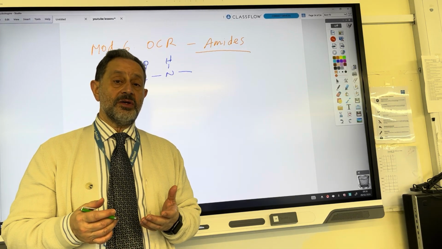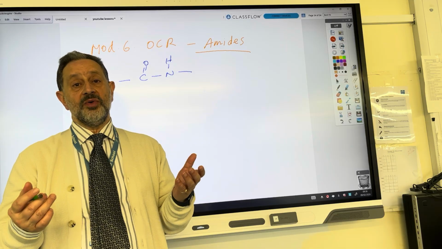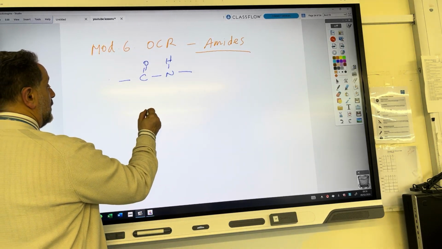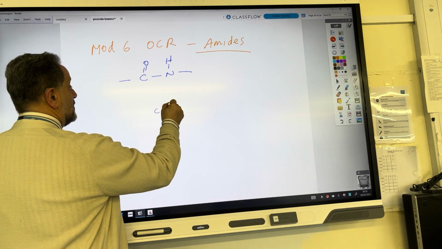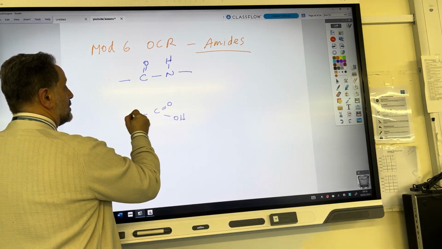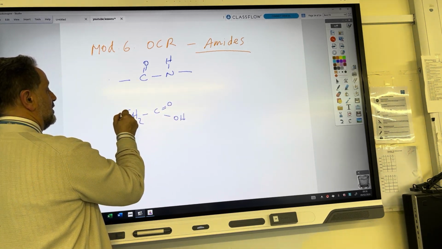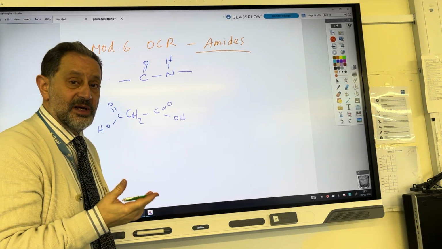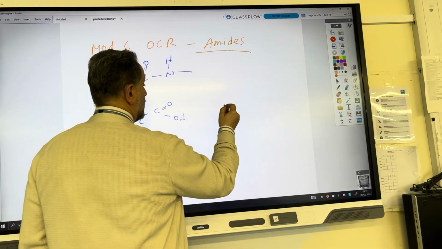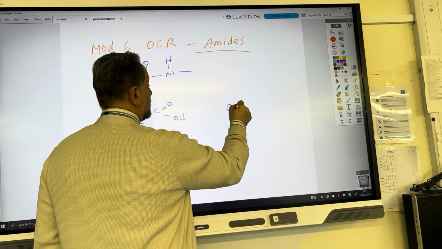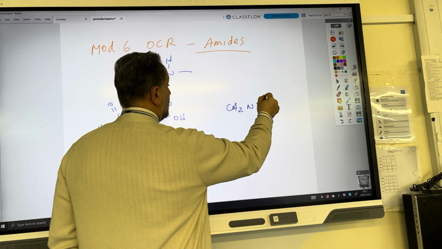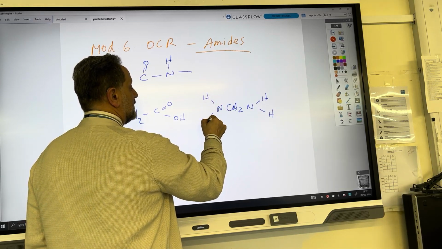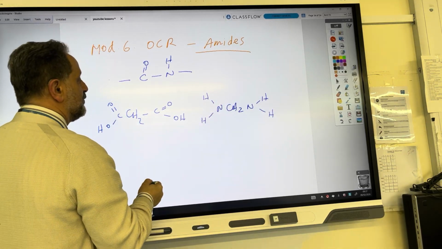In chemistry, you could have a dicarboxylic acid and a diamine. So for example, you could have COOH, CH2 in the middle, and then COOH over here. I mean, obviously this is not an amino acid. And you could have a diamine, like for example, CH2, if I write amine functional groups like that, so this is methane diamine.